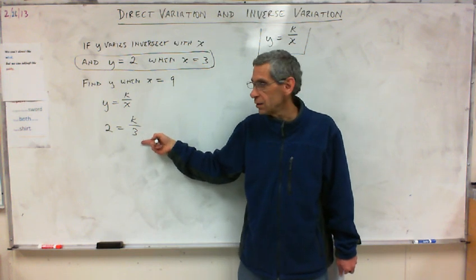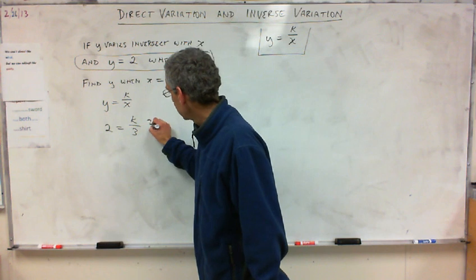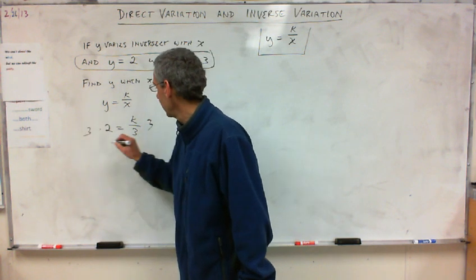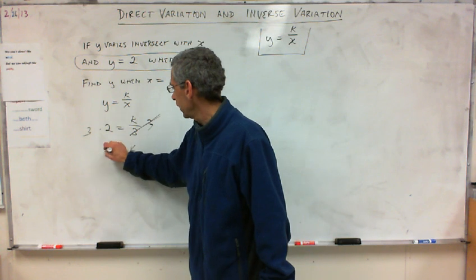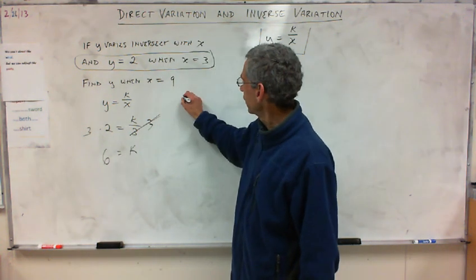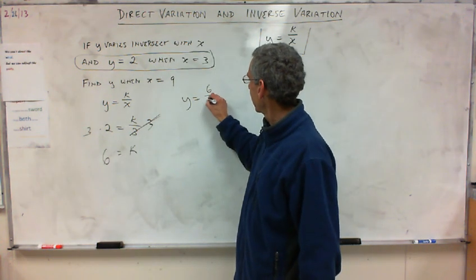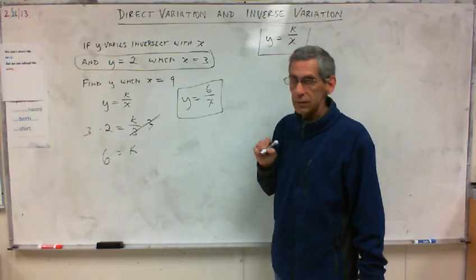Remember that trick? I hope you remember that trick. So we're multiplying everything by the denominator. The 3's cross out. I have k is equal to 6. All right, so my formula is y is equal to 6 over x. That's my formula.